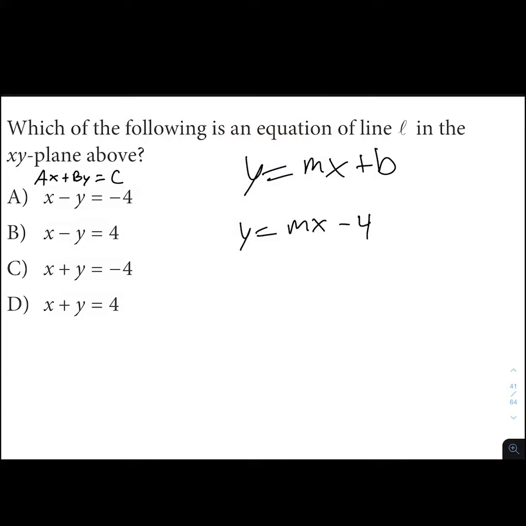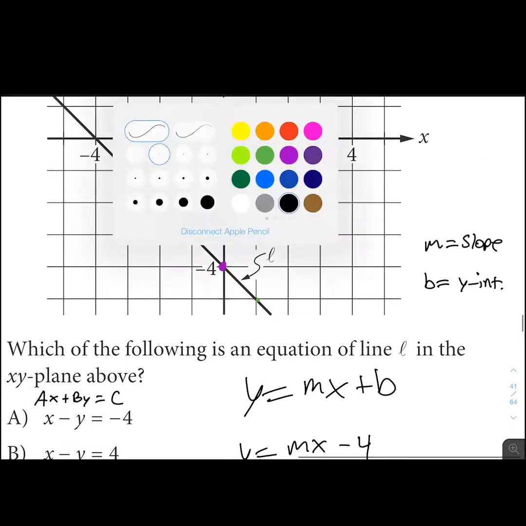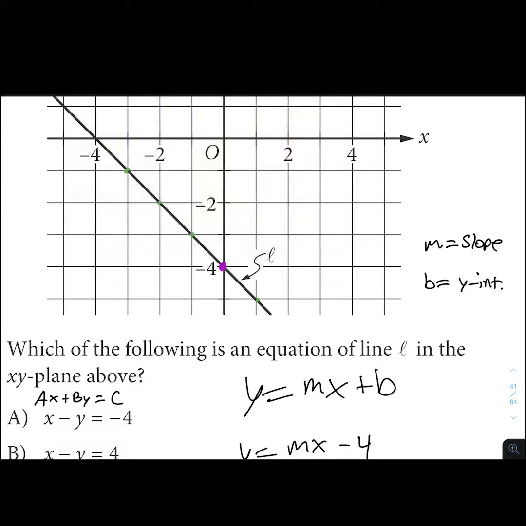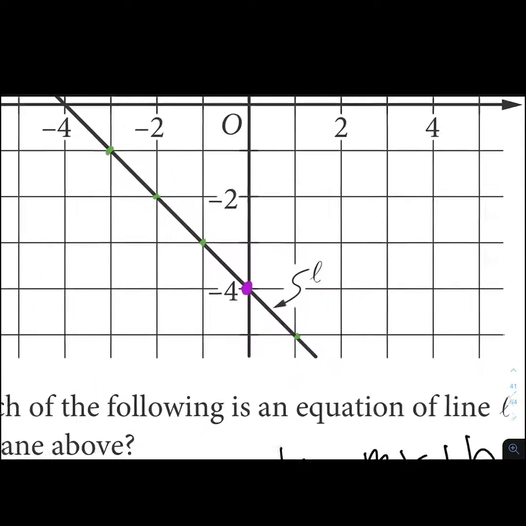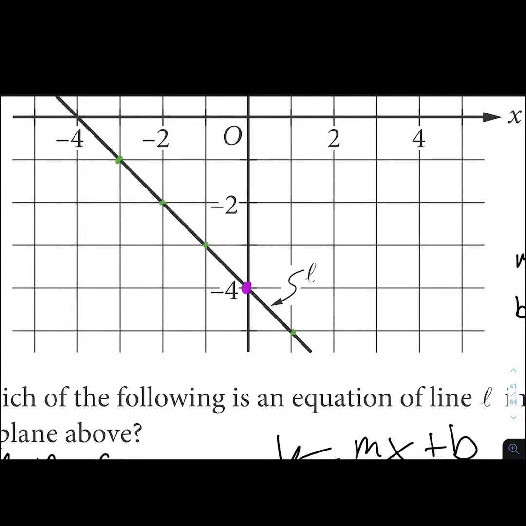I could do that, but don't forget, you probably learned this in Algebra 1: it's the rise over the run. Between any 2 points, that can be used to help find my slope. So let's start at the y-intercept, this point, (0, -4). When I start at this point, I notice I rise 1 and then I run 1.